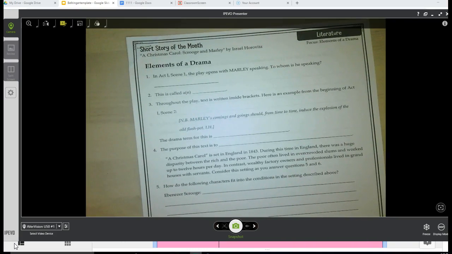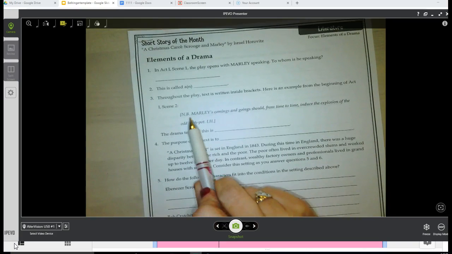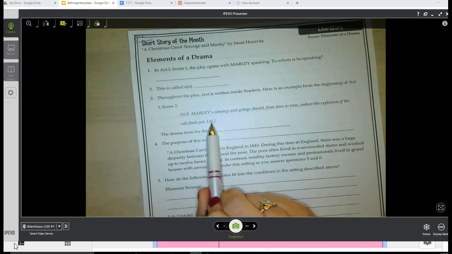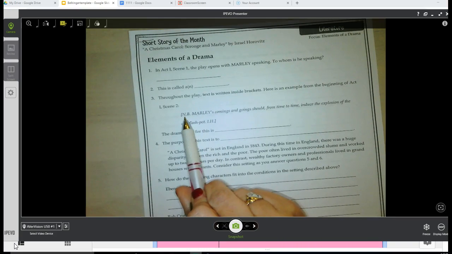On it, it has the elements of drama, so you can use the notes that we have in our binders on the different types of dramatic elements that an author might use in order to complete this. I was looking through this, and I wondered what these little initials meant when we were reading this scene, and this is part of scene 2.